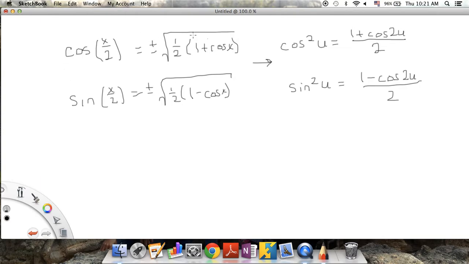So this is the way your book writes it. This is the way the formula sheet I gave you writes it. They're exactly the same thing. Make sure you look at them and understand that they are the same thing so that you can use them either way.